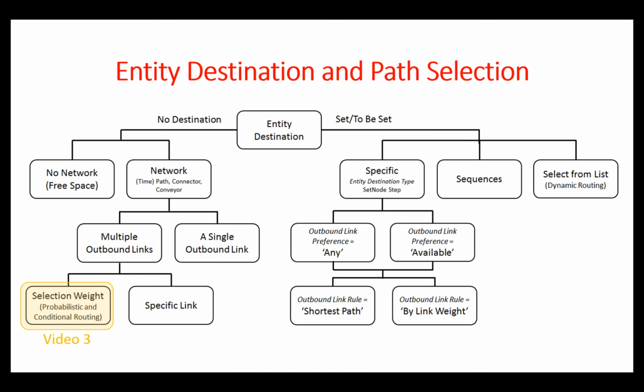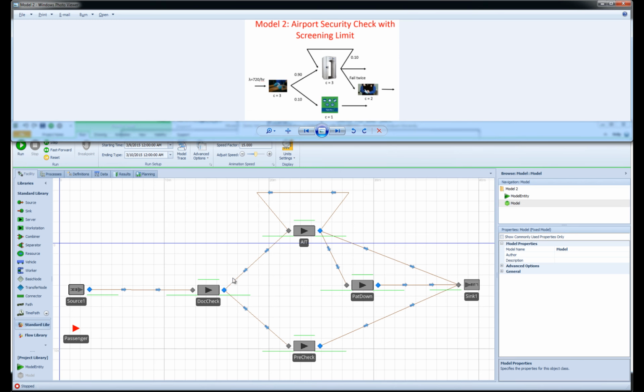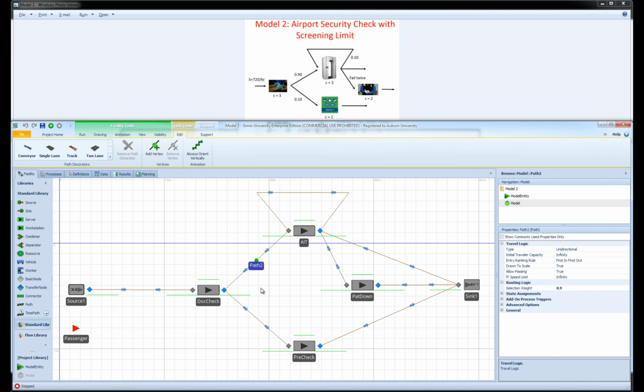In this video, we learned how we can use the selection weight property of the link objects for probabilistic and conditional routing. When we have probabilistic routing, we simply assign numeric values to our selection weight properties, and Simio will route entities probabilistically based on the weights that we specify for the outbound links.